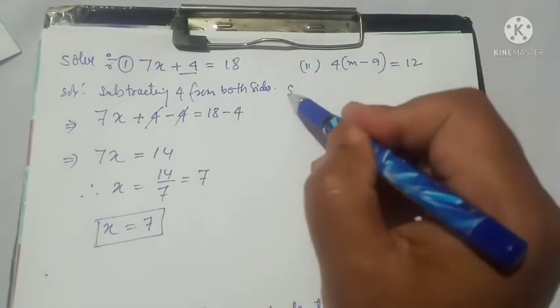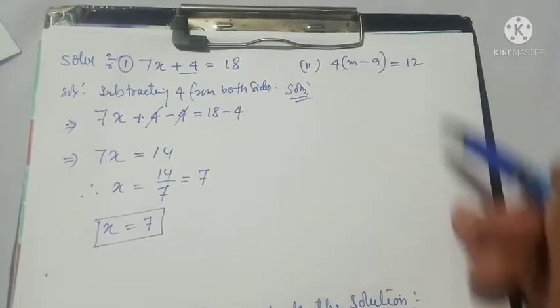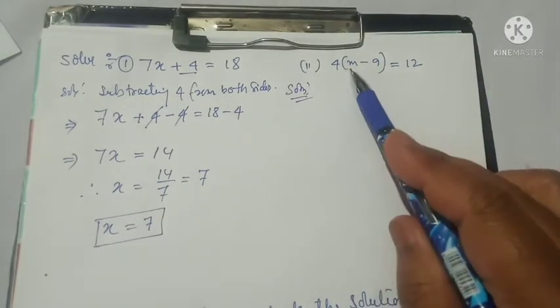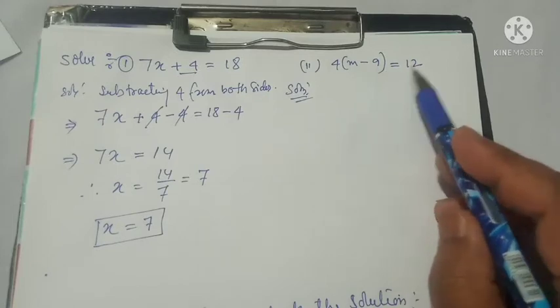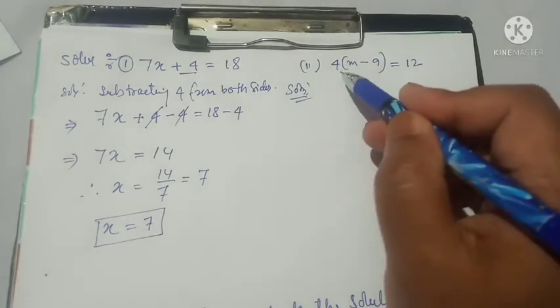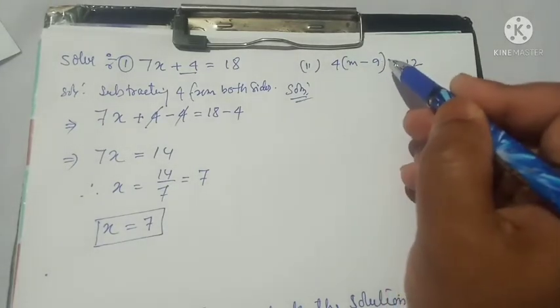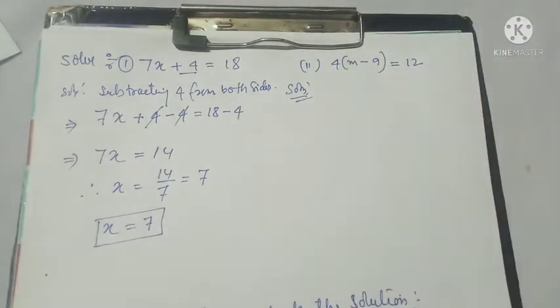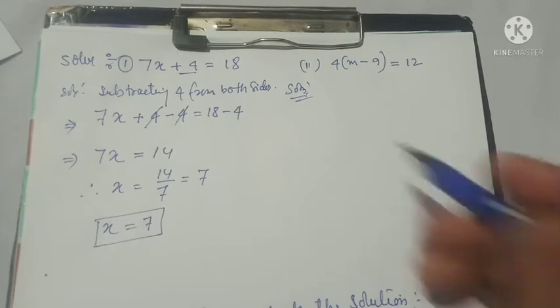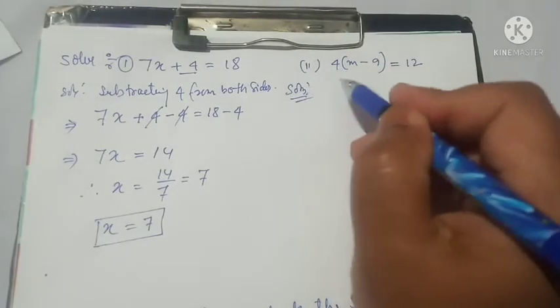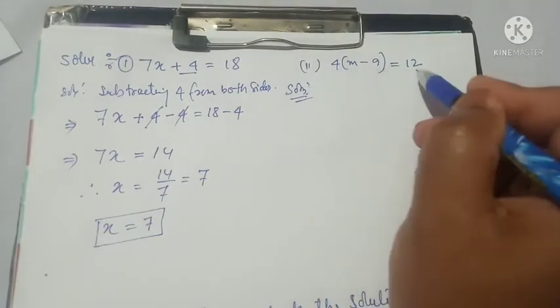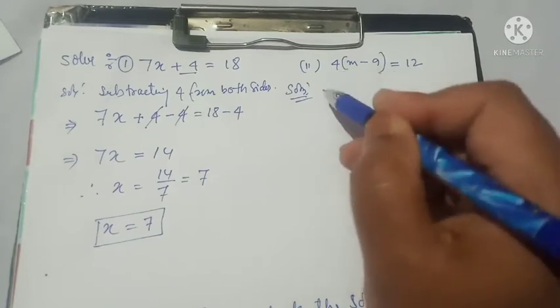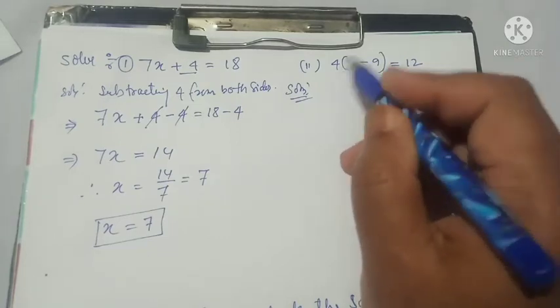This is another question again. Let's see. 4 inside the bracket, m minus 9, equal to 12. First, we need to multiply the bracket. Here, in this case, in the solution, what we'll do, we have to divide both sides by 4.